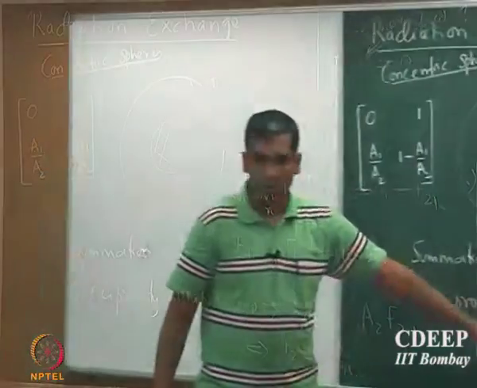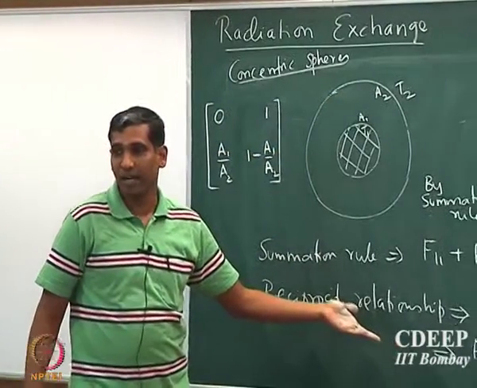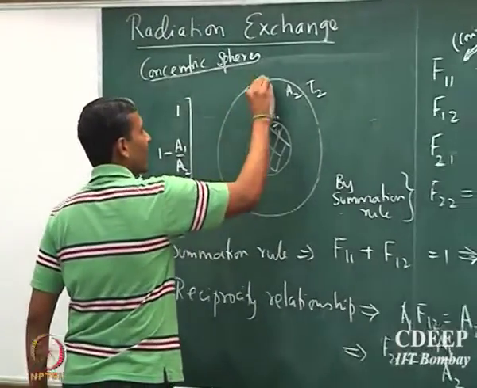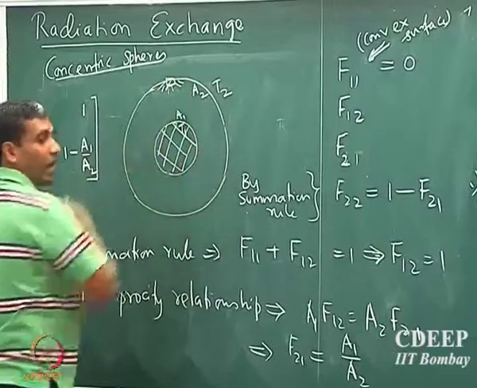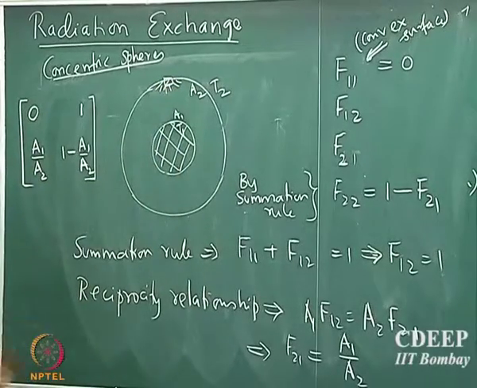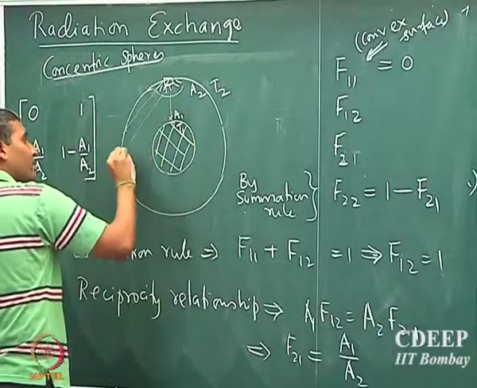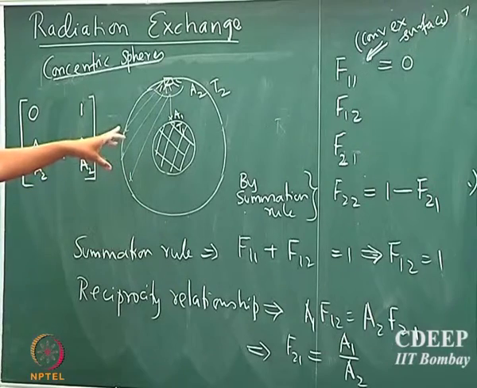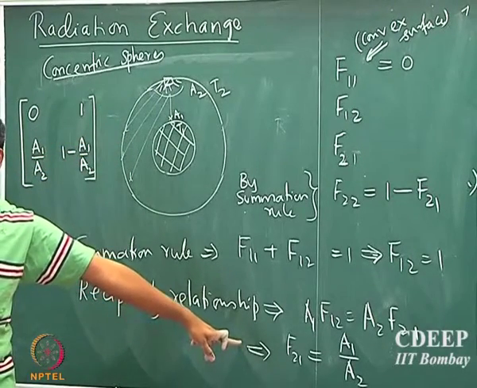So the question is, if I take a differential element, how to make this argument? If you take a differential element here, it's emitting radiation in all directions equally if it is a diffuse emitter, and so some of it is received by here and some of it is received by some other place. So one could construct three-dimensional angles, and if you do the integration, this is exactly what you will find.